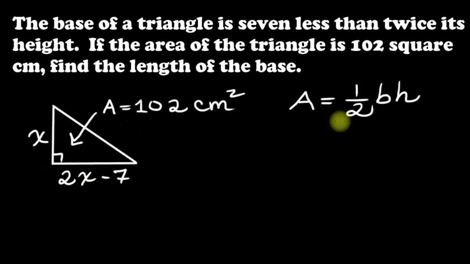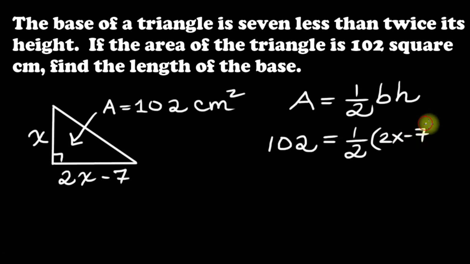We have the area, so we plug 102 for A. So 102 is 1/2, now my base is 2x minus 7, and then my height is x. This is the equation that I need to solve for x.